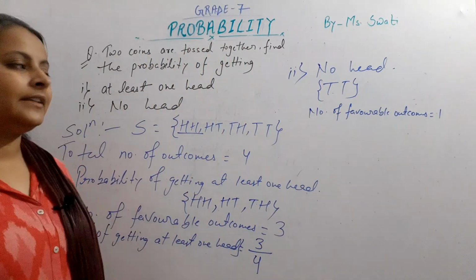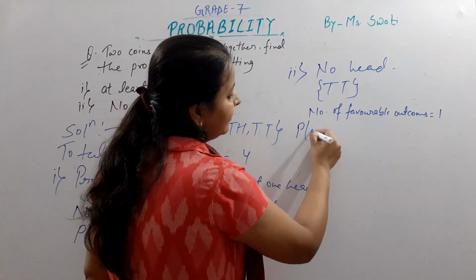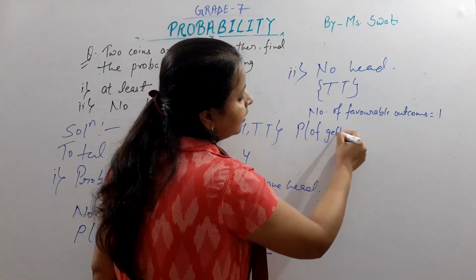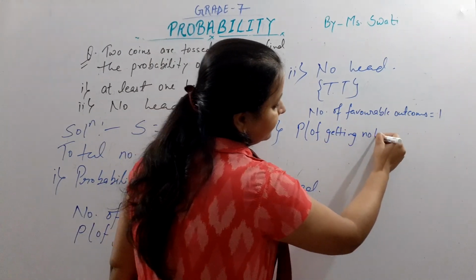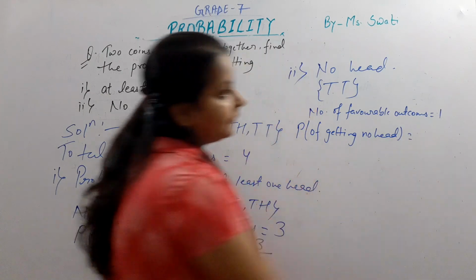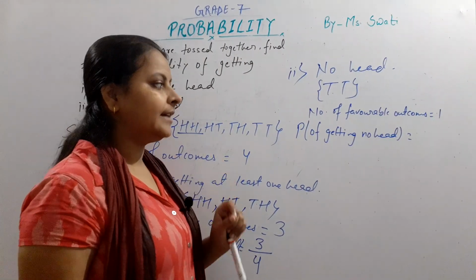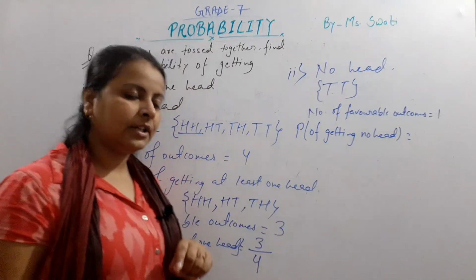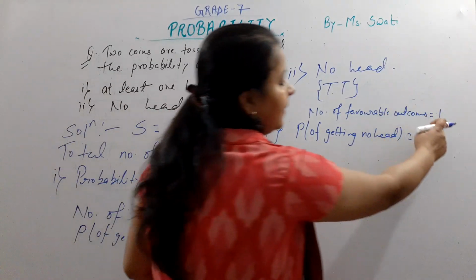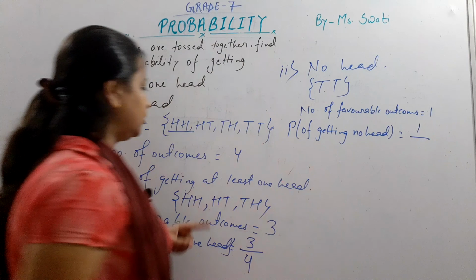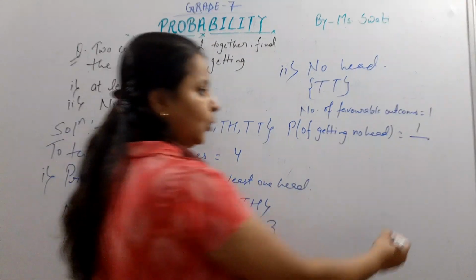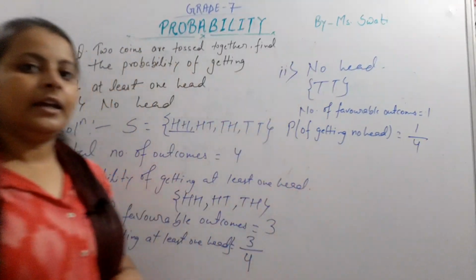And we have to find out the probability of getting no head. And we know that the formula for probability is number of favorable outcomes by total number of outcomes. Here the number of favorable outcomes is 1 and the total number of outcomes is 4. It is 1 by 4.